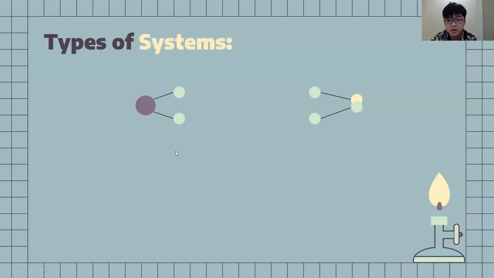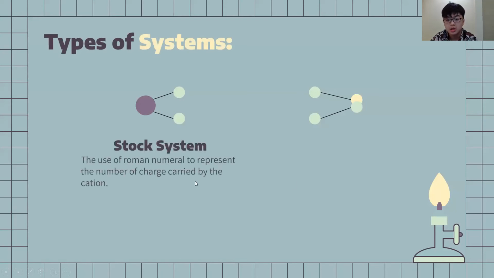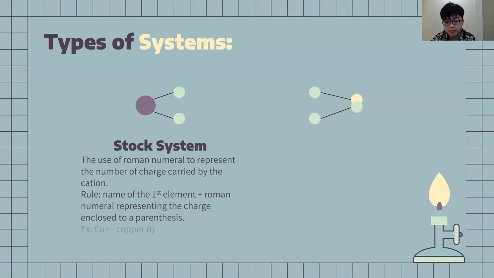So here are the types of systems. First is the stock system. The stock system is the use of Roman numerals to represent the number of charge carried by the cation. The rule here is the name of the first element plus the Roman numeral representing the charge enclosed in parentheses.